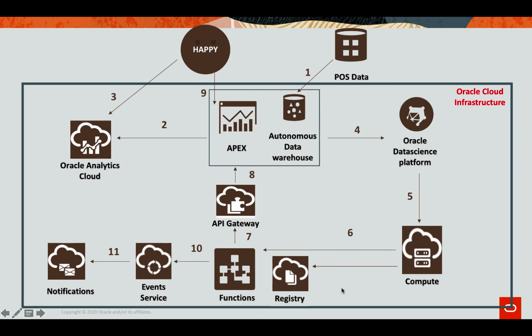Once the machine learning model is developed and the function files are generated, I deploy that model using Oracle Compute Instance into Oracle Functions. So finally, I have my Docker image in the registry and Oracle Functions deployed.